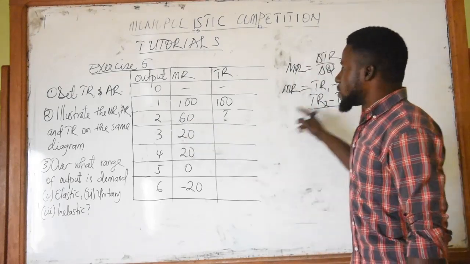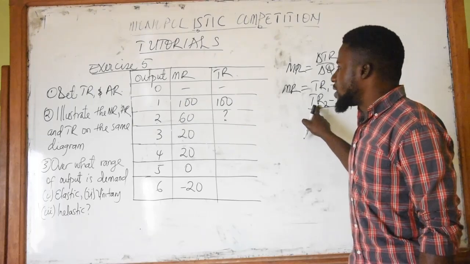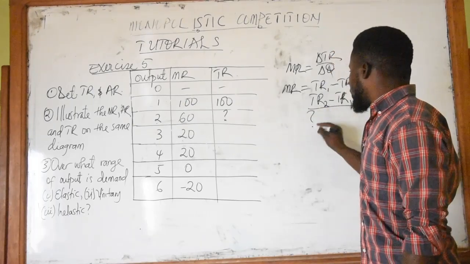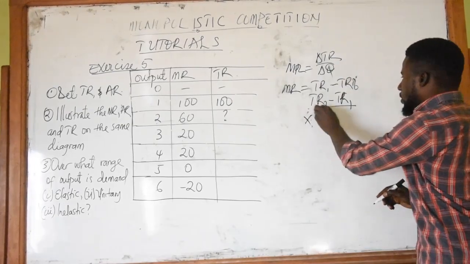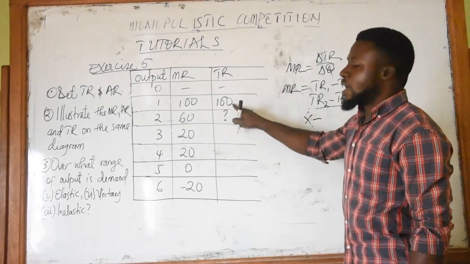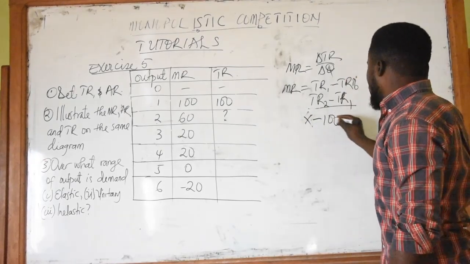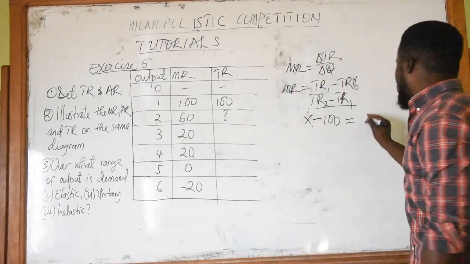At the second output level, TR2 is unknown. Let's call that unknown X. X minus TR1, and TR1 here is 100, should give us our marginal revenue, which is 60.